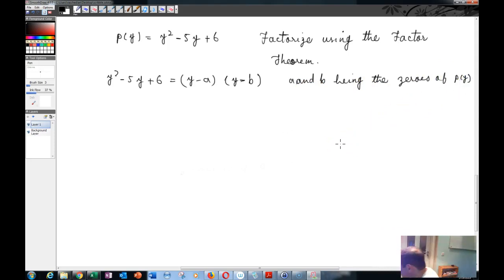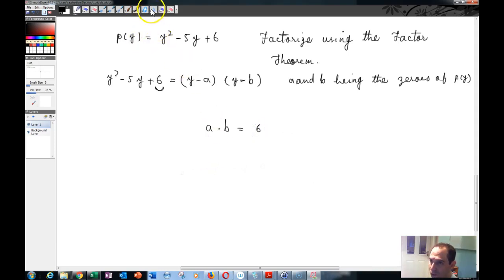Once you do this, you see that your polynomial is in the form y minus a times y minus b, and you know that this 6 over here is the product of the two zeros, meaning that a times b is equal to this constant, which is equal to 6.